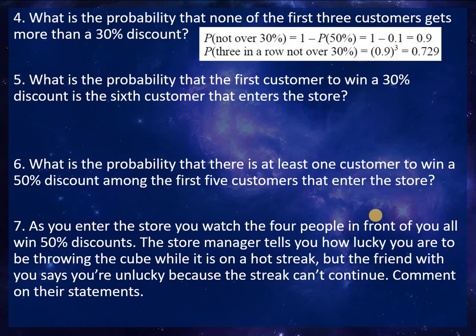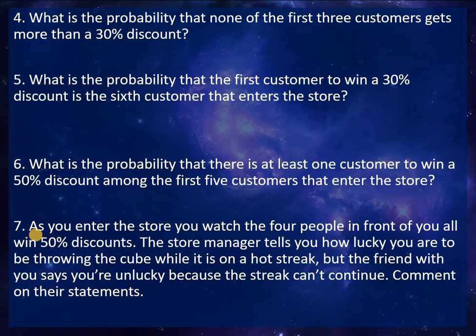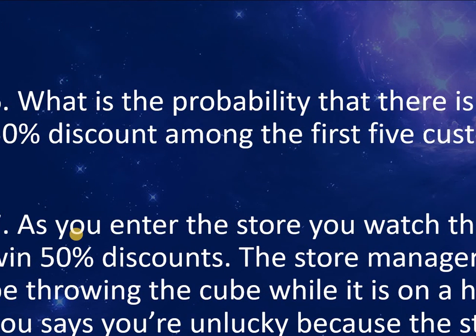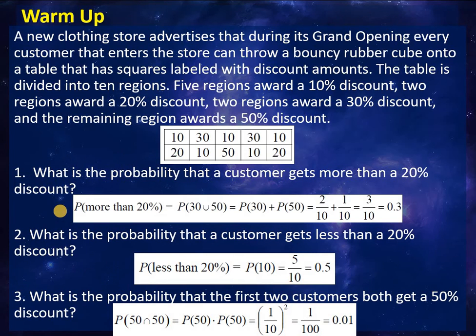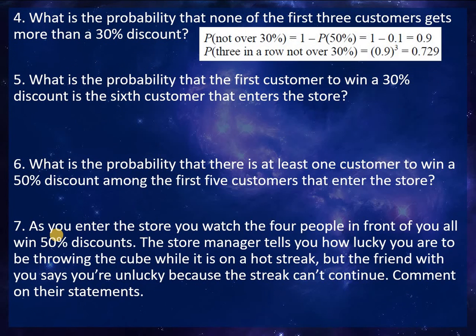Now for number 5, it says what's the probability the first customer to win a 30% is the 6th customer in the store. There are 2 30% options, right? What that means is the first person does not get a 30%, second doesn't, third doesn't, fourth doesn't, fifth doesn't, 6th person does.